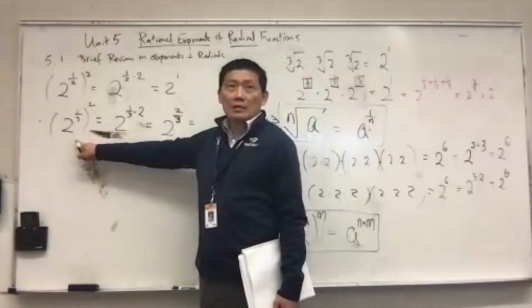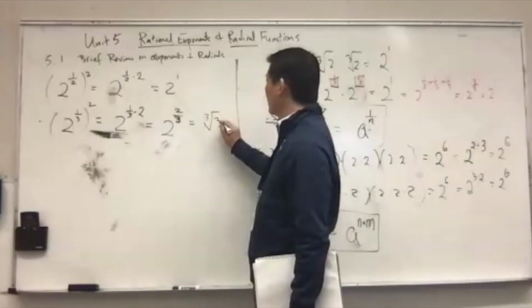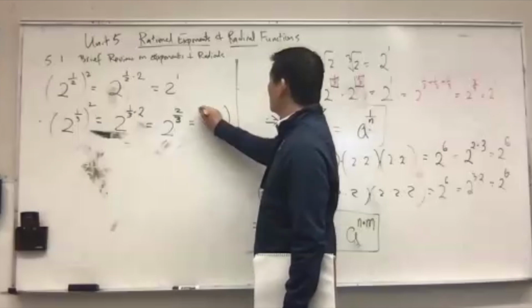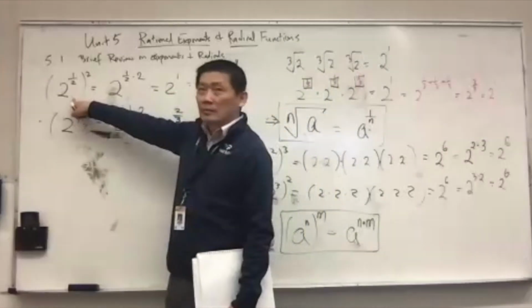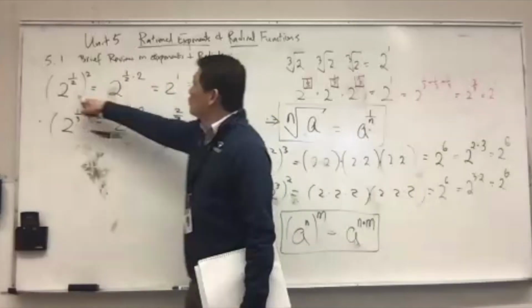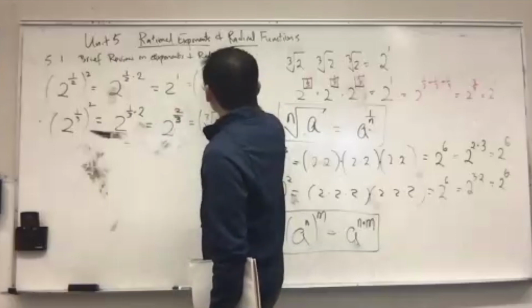If you look at this, this simply means a cube root of 2 squared. If you look at the original one, 2 to the 1/2 power is just a square root and then squared.